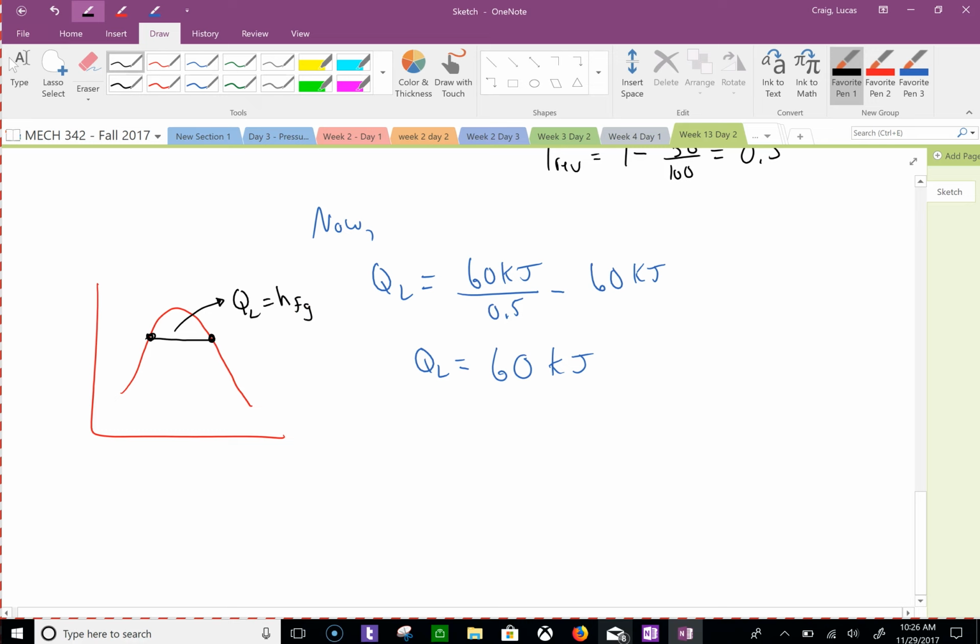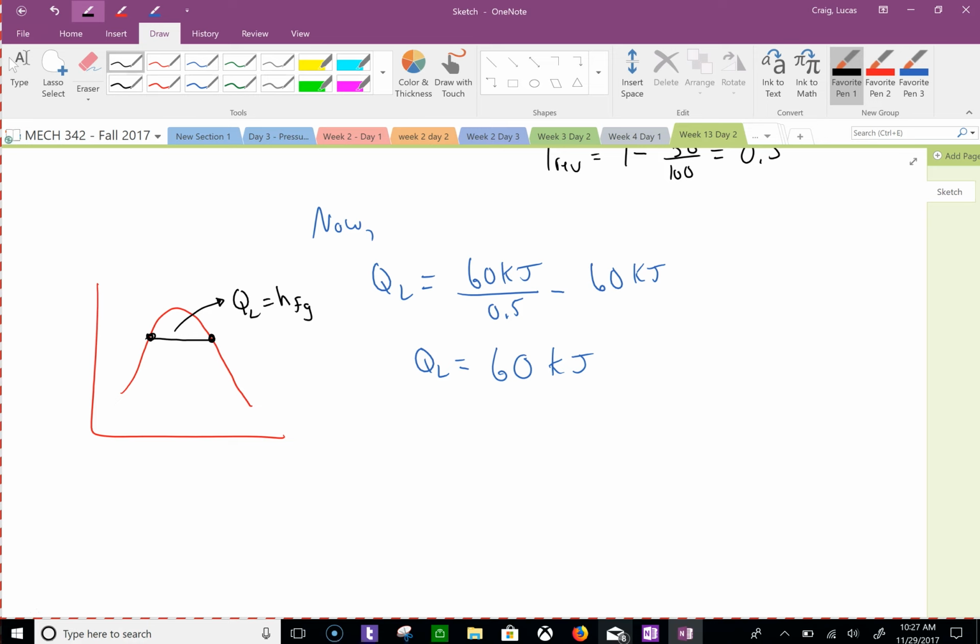So we went from the vapor to the liquid. This is something new that I haven't talked about, but that's fine. If you want to know how much energy was released from that, that's actually what HFG is. The enthalpy change between your vapor to that is actually how much heat has been released. So that's what we define as QL.